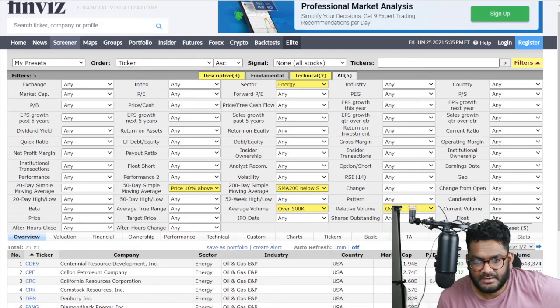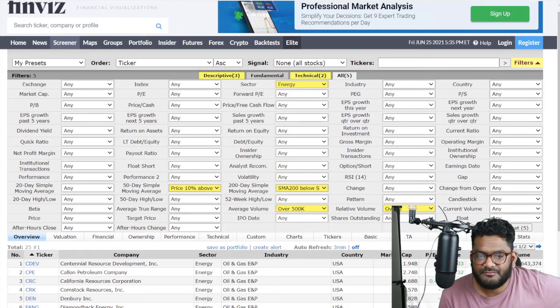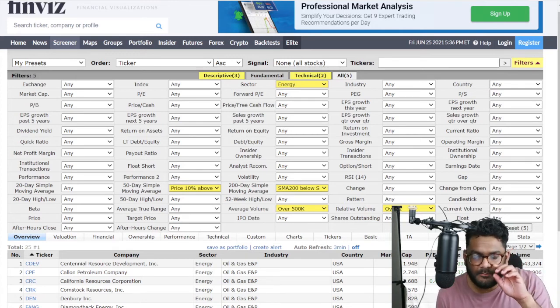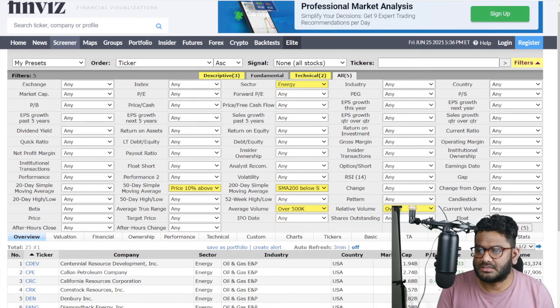But I don't really want to talk about it here because that would be way too much for us. To find the entry, if you are doing quick swing trading and you want to set your entry point, looking at the MACD and the RSI will give you a very interesting factor about the current momentum of the stocks.